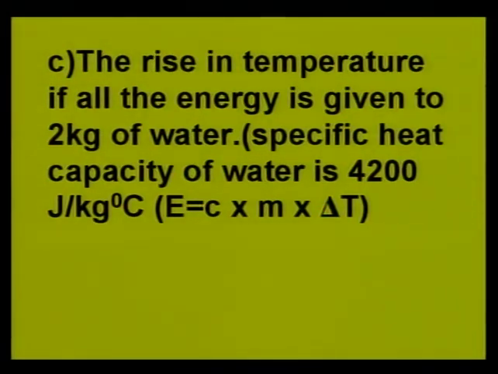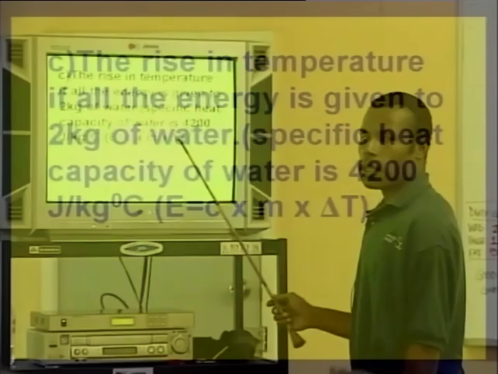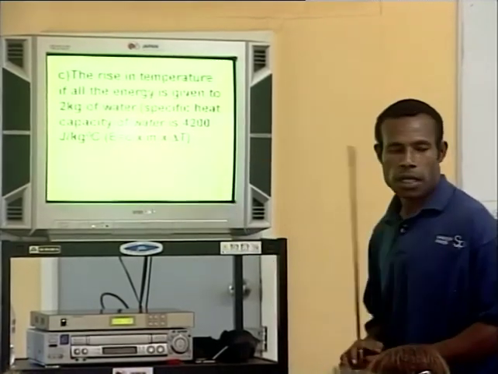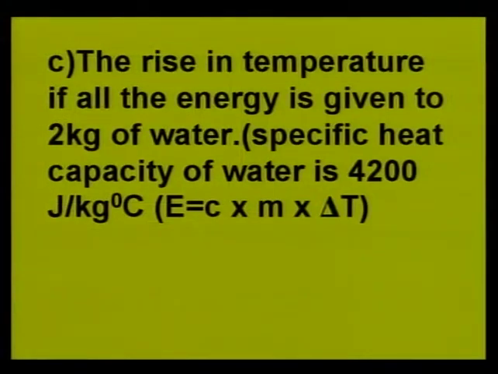The rise in temperature if all the energy is given to 2 kilograms of water. To calculate the heat energy, especially in water, you can use the specific heat capacity of water, which is 4,200, and then you have the mass times the change in temperature. Temperature can be in degrees Celsius, or it can be in Kelvin.